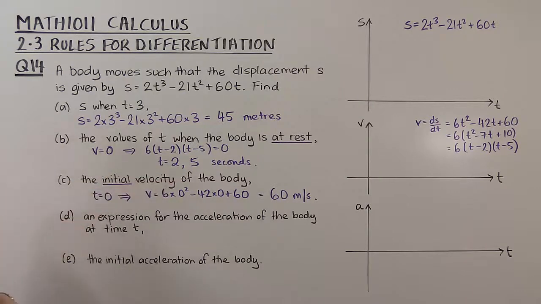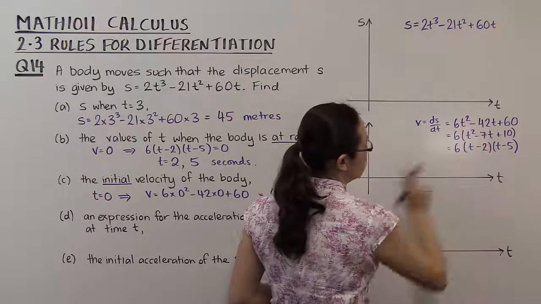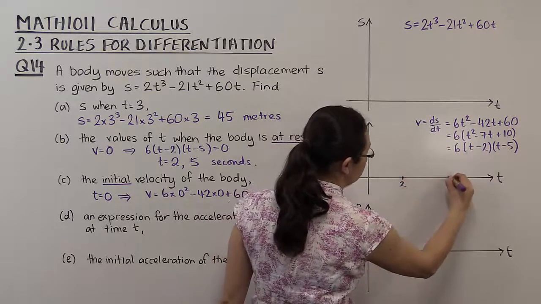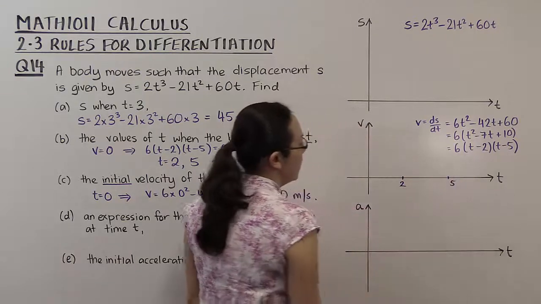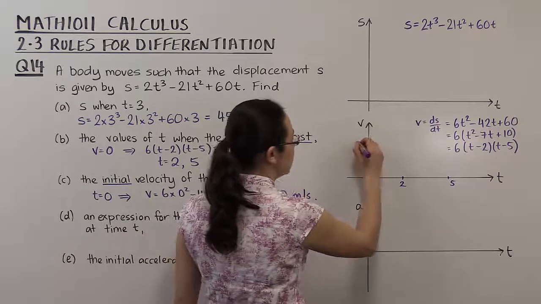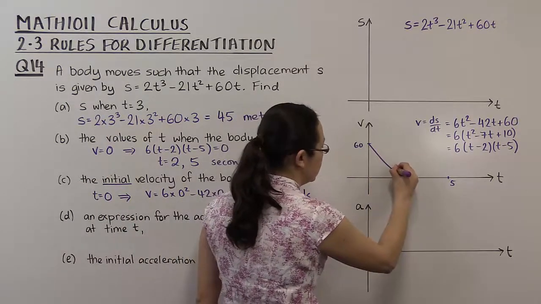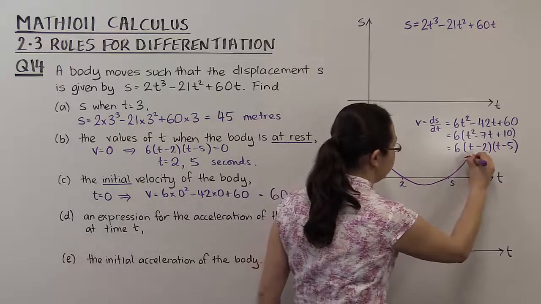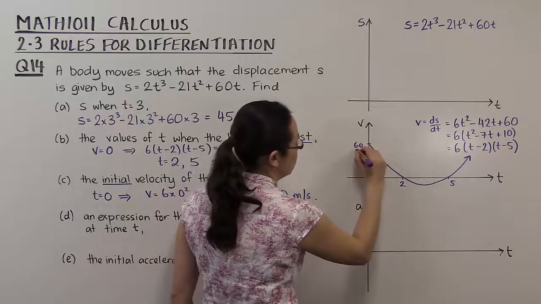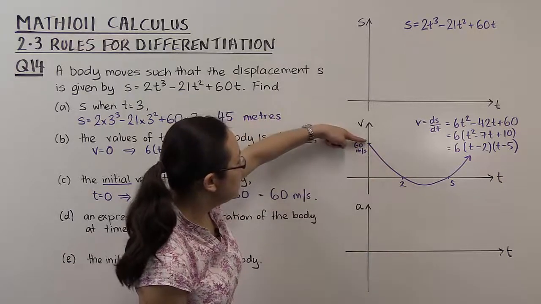Let's put that together on a picture of the velocity. We can graph this velocity against time. We know this is a parabola that passes through 2 and 5. Now we know its initial velocity is 60, so it means it's starting somewhere at 60. So that means this is the parabola here. And let's say that's 60 meters per second. So it's starting at 60 meters per second.